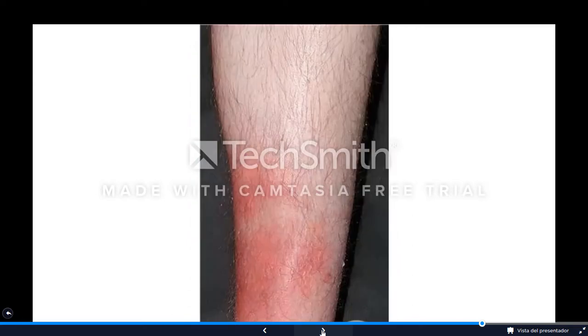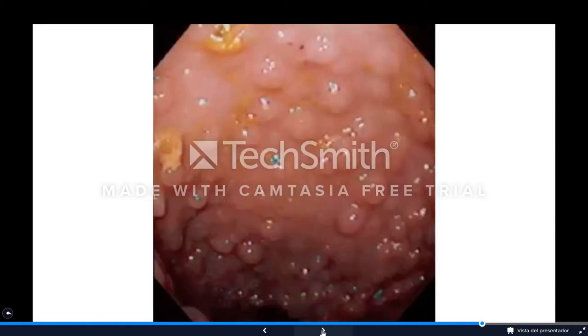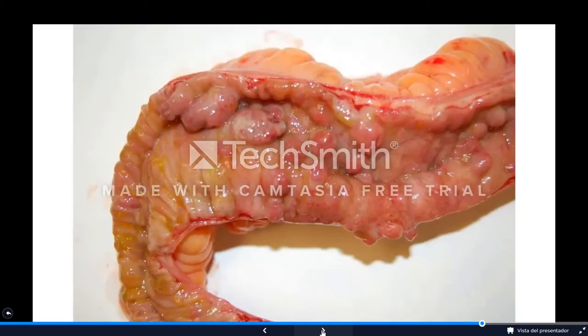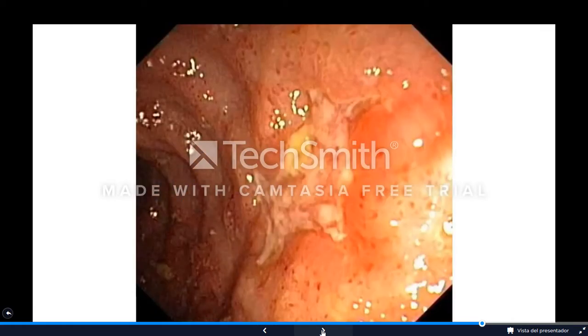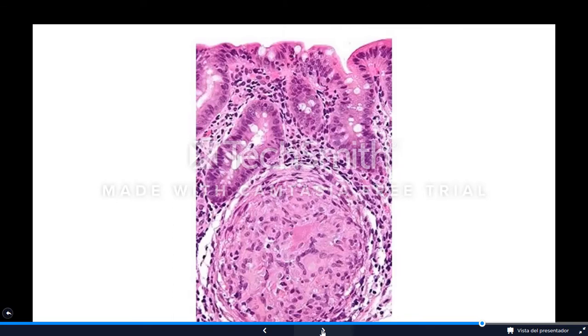Who gets Crohn's disease? Crohn's disease can occur in anyone at any age. It affects men and women equally. It most commonly begins between the ages of 13 and 30. Smokers are more likely than non-smokers to develop Crohn's. If you have Crohn's and smoke, you are likely to have more severe symptoms.